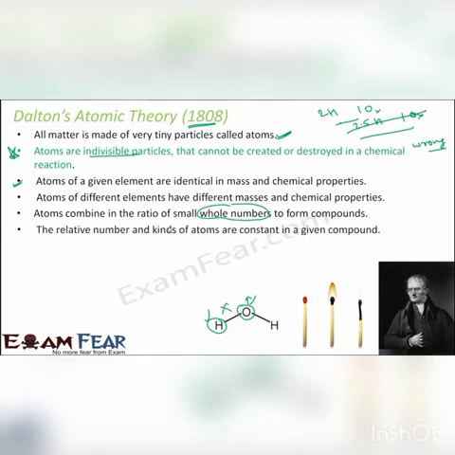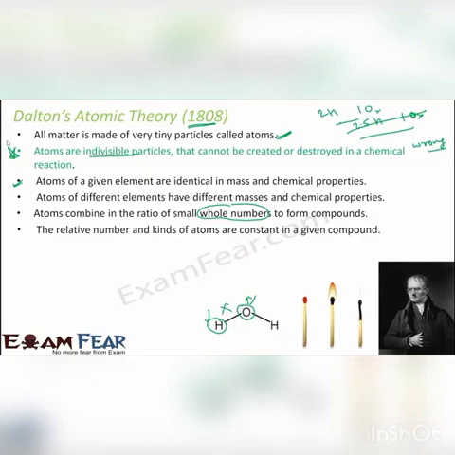And the relative number and the kind of atoms are constant in a given compound. If you talk about a compound, for example, water, the number and the kinds of atoms in this is always the same. You take water from any source, it will have the same atoms in the same proportion. Right? This is the law of constant proportion. So Dalton gave all these theories in 1808, Dalton's atomic theory.